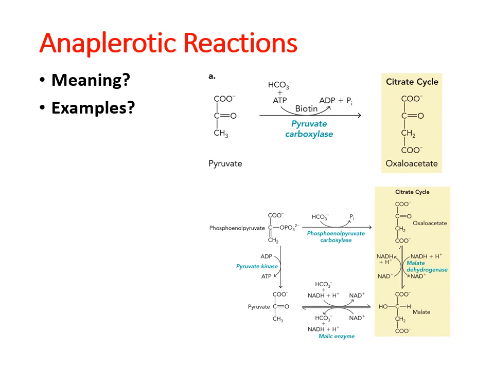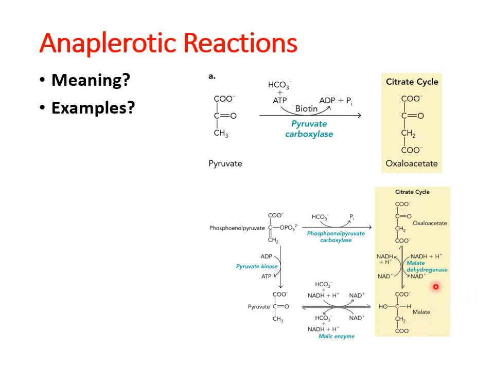When you think of this word, the meaning is that these are reactions that can replenish any metabolic intermediates. Okay, so if a reaction is replenishing intermediates of the citrate cycle, such as oxaloacetate or malate, then those reactions are considered anaplerotic because those are intermediates of the citric acid cycle.